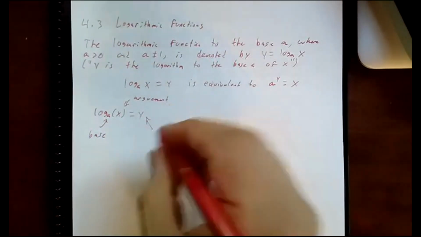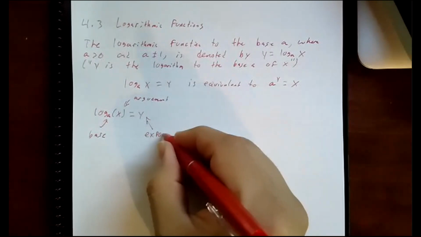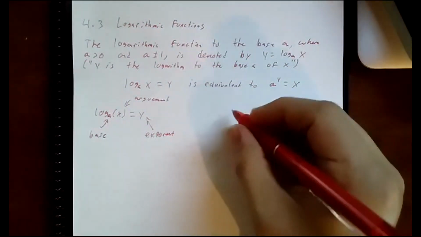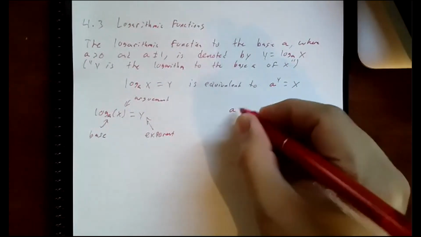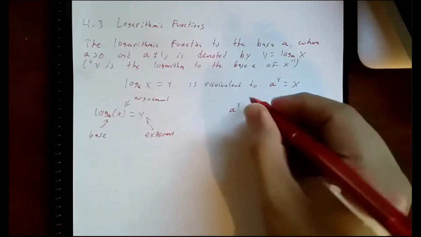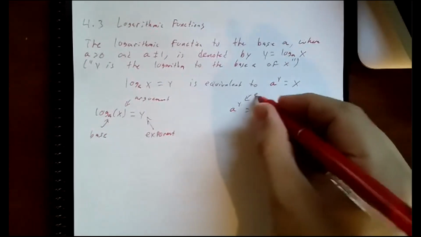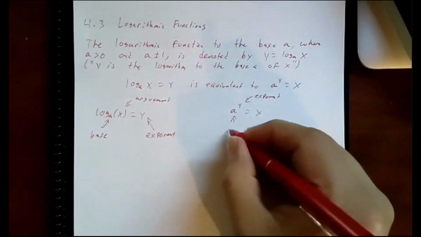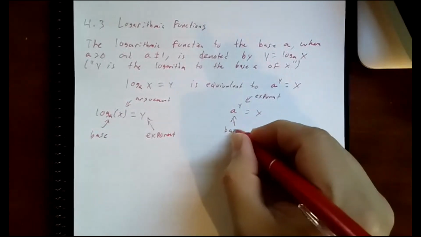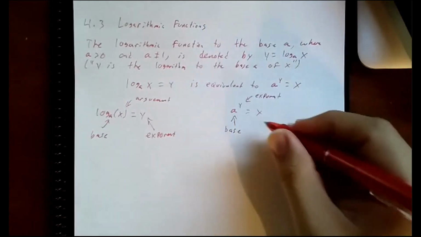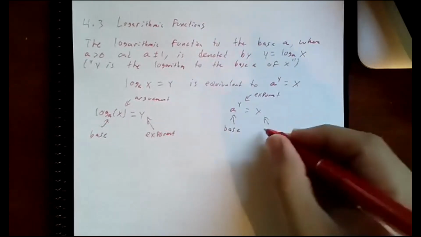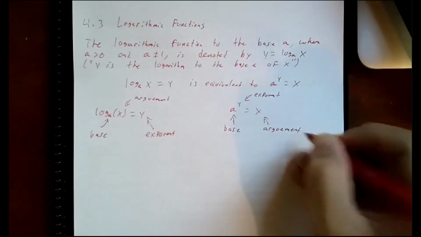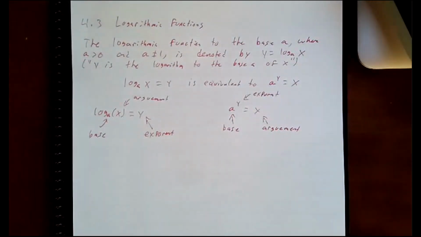And this is technically the exponent. And if you wrote it the other way, a to the y equals x, well, it's all the same, right? Exponent is y. A is still the base. And this is still the argument. Okay.